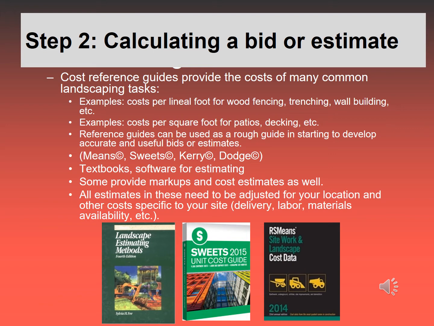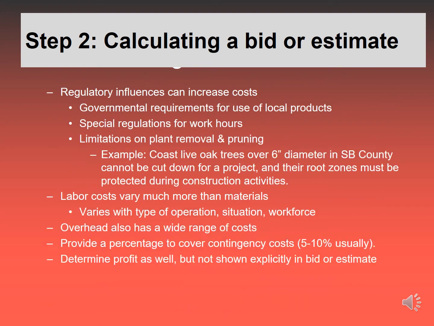It depends on where you are in California, but let's say coastal, warm California. So the prices are going to be different. The materials are going to have a different cost. The labor is going to have a different rate. So you use these guides as a rough guide, and then you adjust it to your location. That's the way to use these guides.